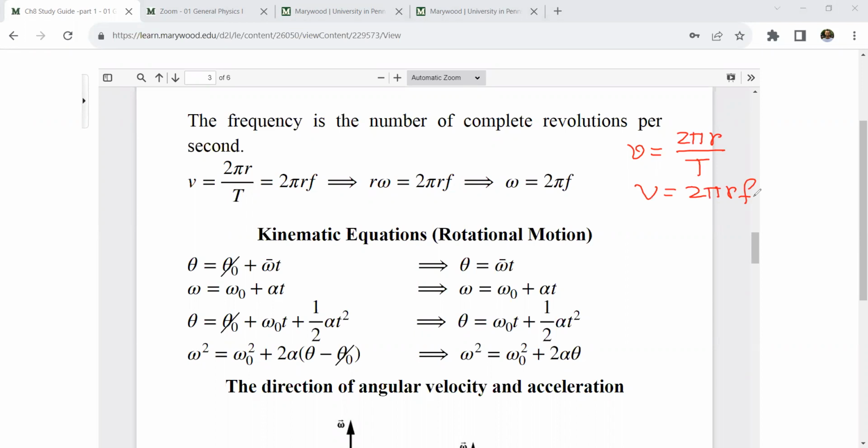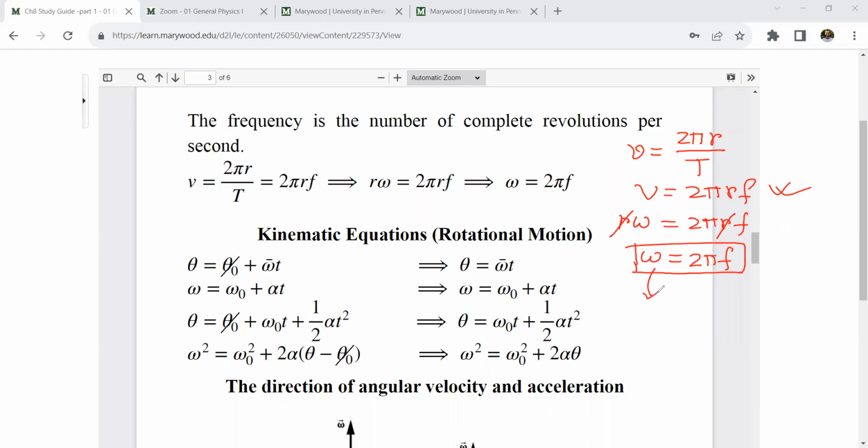Now I want to know the relationship between this frequency and the angular quantities. To find that, let's start from this equation and substitute v equal to R omega. R cancels out, so we get a relationship between omega and the frequency: omega is 2 pi f, 2 pi times the frequency.